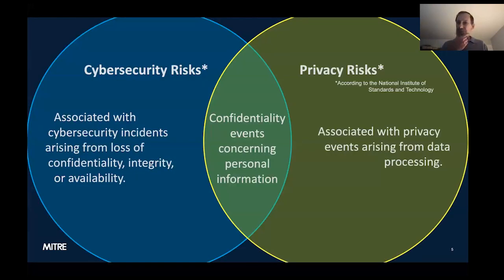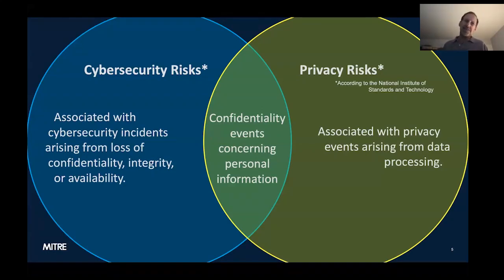But before I get to that, I want to draw some important distinctions between privacy and cybersecurity, which clearly are related, but are distinct things. Let me speak to that in terms of risk. Here you see definitions of cybersecurity risk and privacy risk according to the National Institute of Standards and Technology.